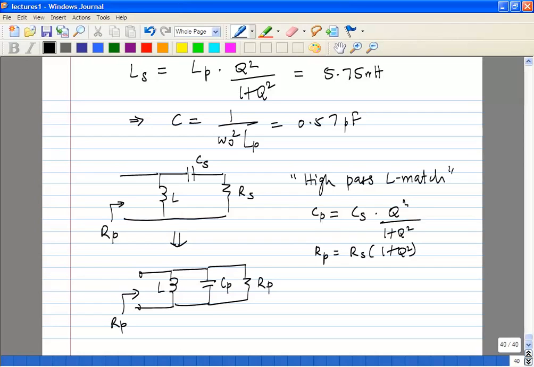So these are the two relationships we just looked at. So what does it give you? Again, it gives you the same two relations, right? Q is root of Rp over Rs minus 1.